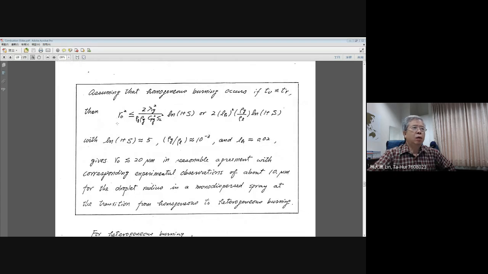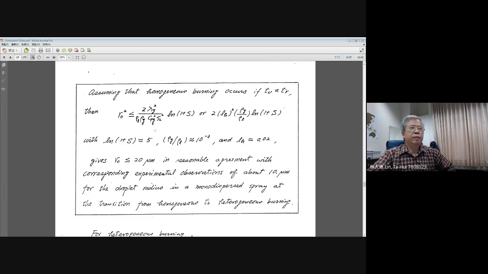Okay, and put these two equations together, the threshold for the droplet radius for homogeneous burning will be described by this formula, and you can estimate it for regular hydrocarbon droplets. Then you will find out that an initial droplet size smaller than or equal to 20 micron is a reasonable threshold for the homogeneous burning of these two-phase mixtures.